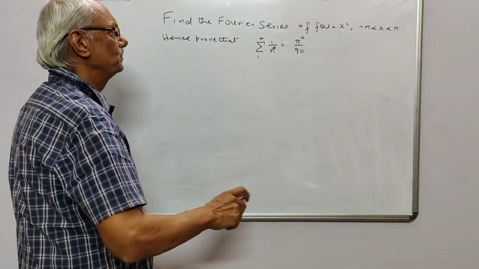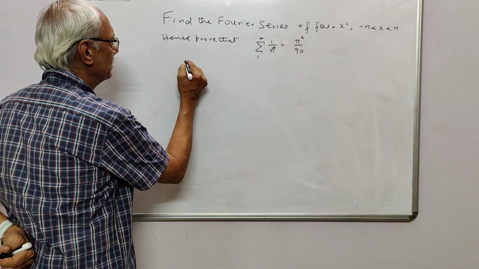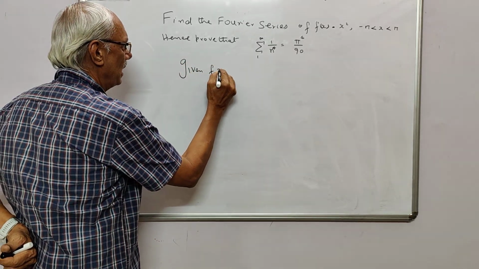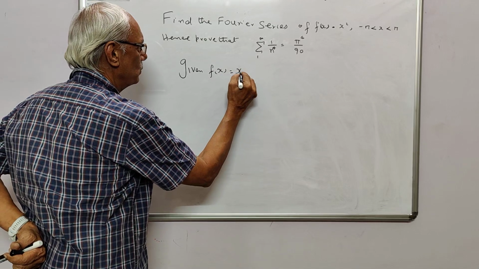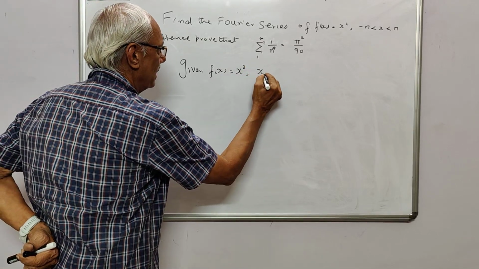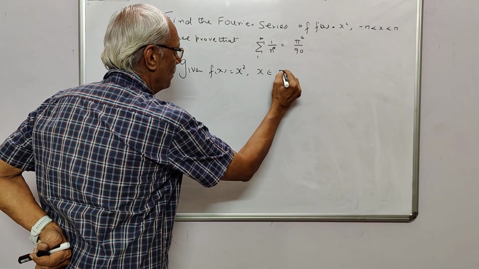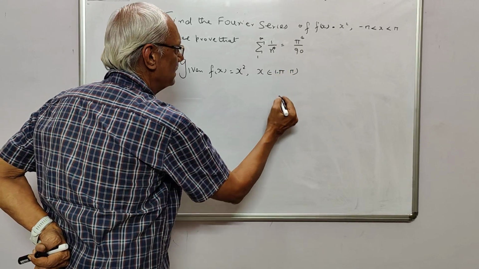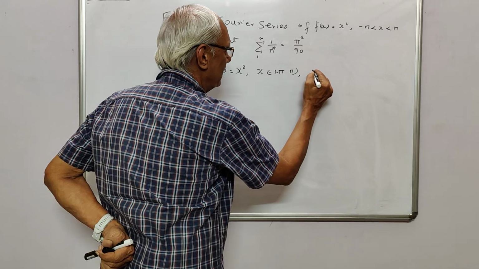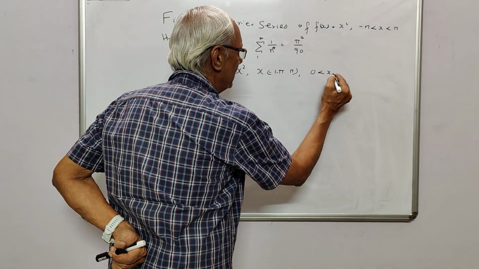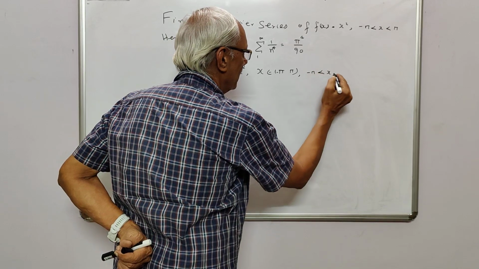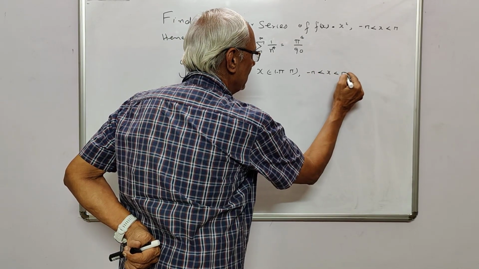Okay. Now, say we are given f of x is equal to x squared. x is a member of minus pi to plus pi. The other way of writing this is minus pi less than x less than pi.